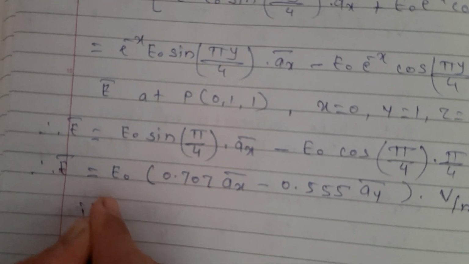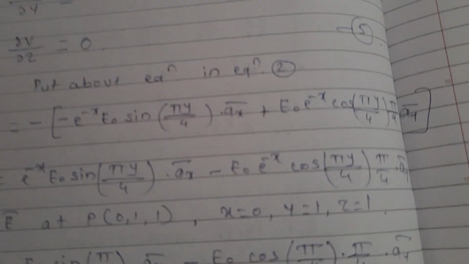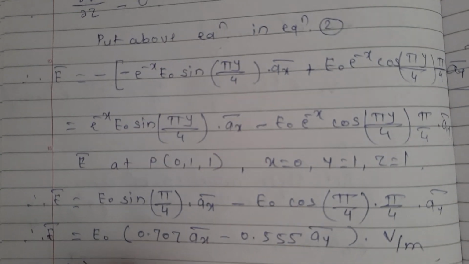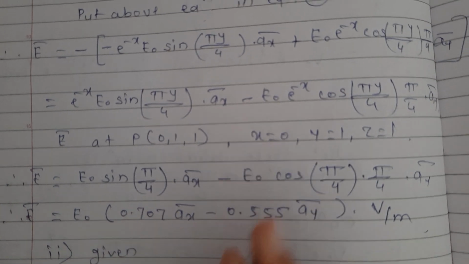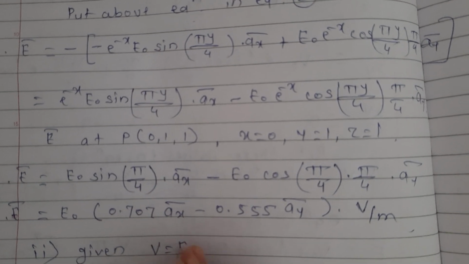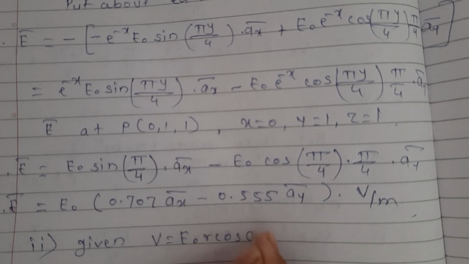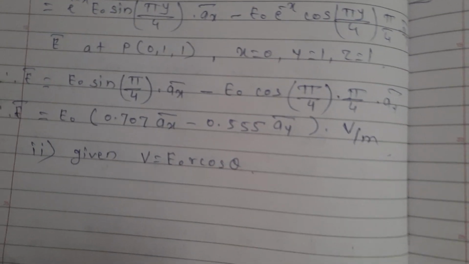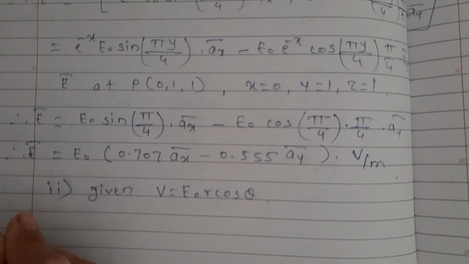Now the second part. What is given? Given V is equal to E0 R cos theta. We have the equation of gradient in spherical.